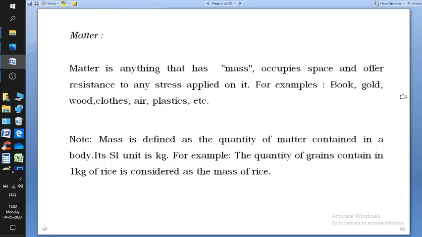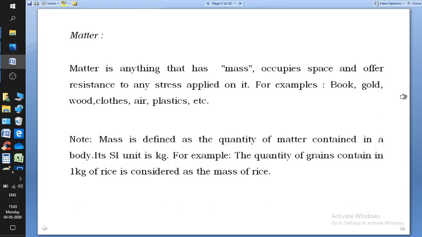Now, the definition of matter says that matter is anything that has mass. What do you understand by the term mass? When we say mass, it means the quantity of matter that is contained in a particular body, any body, a book or gold, any matter that we see around us. The unit for measuring mass is kg.